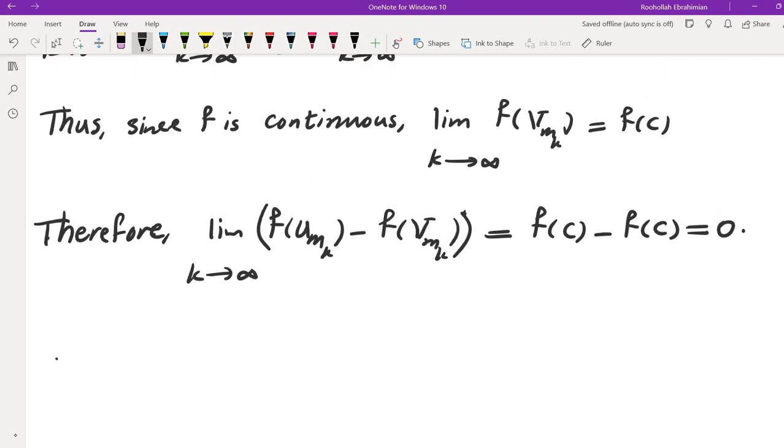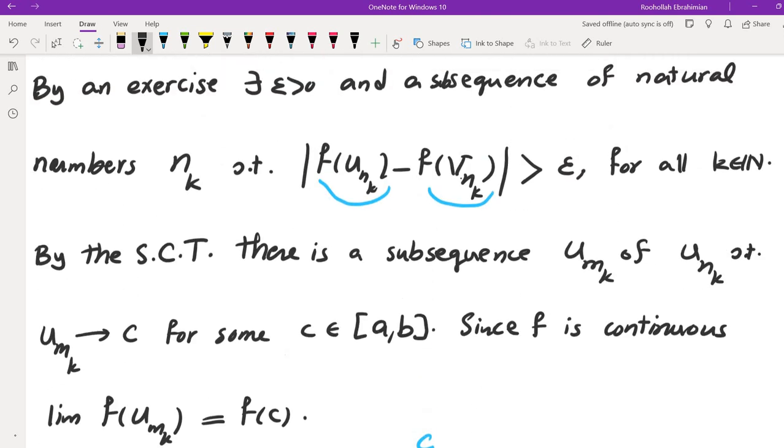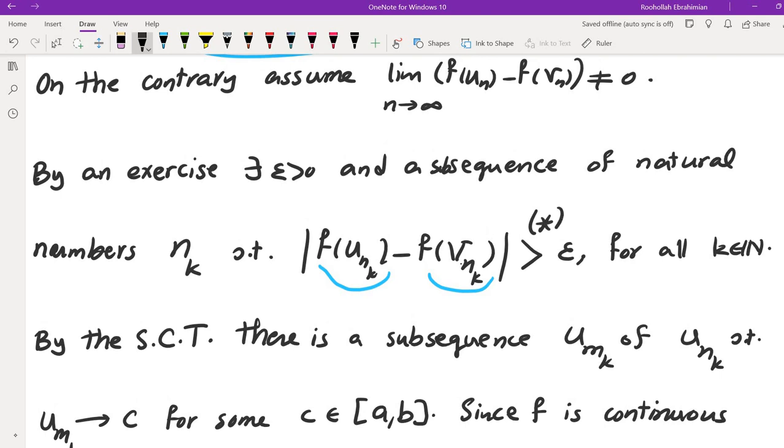However, this contradicts star. Star told us, I'm going to call that star, that the difference between f of u n k and f of v n k is always more than epsilon.